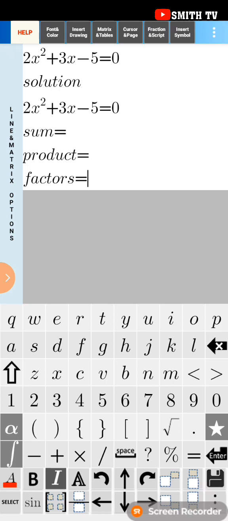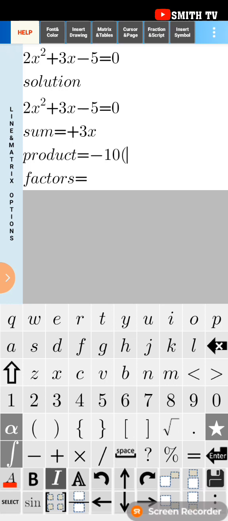Now in this question, which of them is regarded as the sum? The coefficient of x, that is 3, so plus 3x is regarded as the sum. Then the product is minus 10.